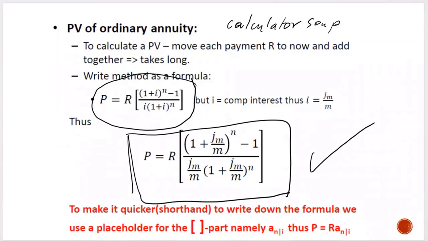Under Calculator Soup, you find financial calculators which calculate things for finance, and if you are doing data handling, it will also help you with your data handling. It will also help you with mathematics, and there is a scientific calculator.